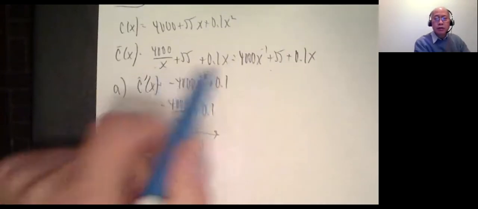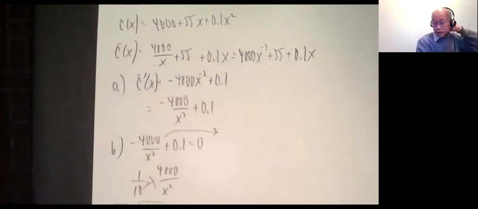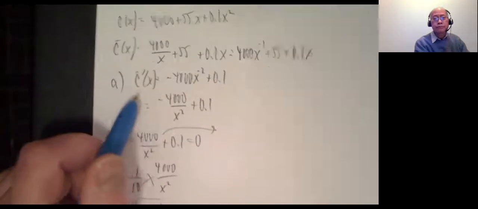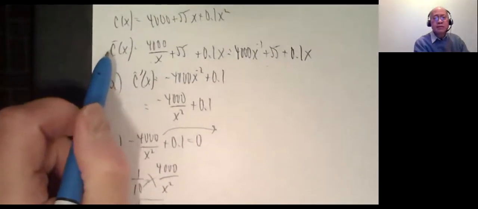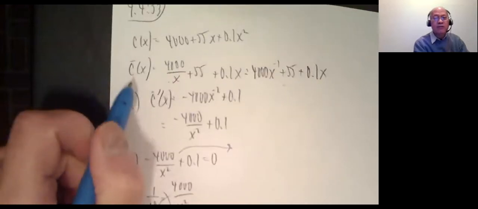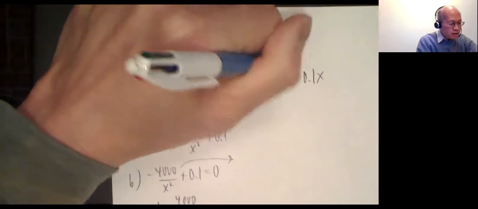If an x is in the denominator, write it as 4,000 x to the negative 1 plus 55 plus 0.1x. Find this derivative. They call it C bar. So C bar is for average cost. Maybe I should put that for emphasis. Average cost.